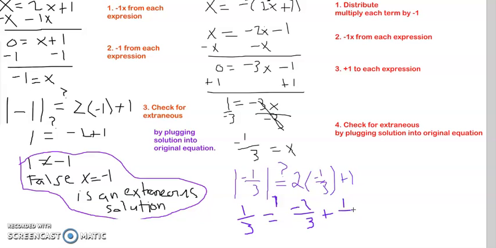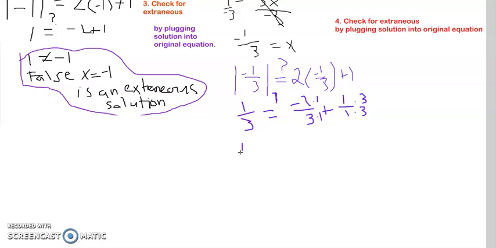Again, we want to change this fraction to make it the same, so we can add these together and they'll be like terms. Multiply the 1/1 by the unity fraction 3/3. Multiply the negative 2/3 term by the unity fraction 1/1. So is 1/3 equal to negative 2 thirds plus 3 thirds?